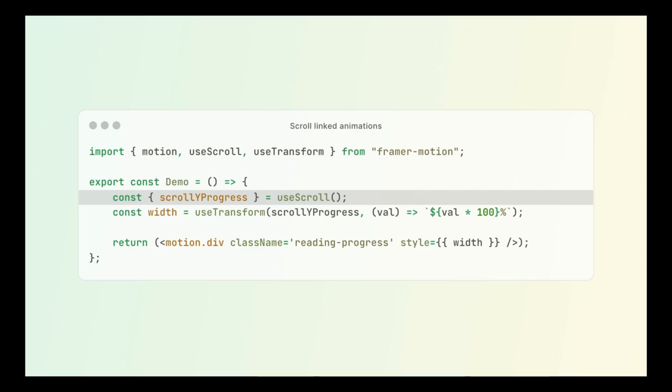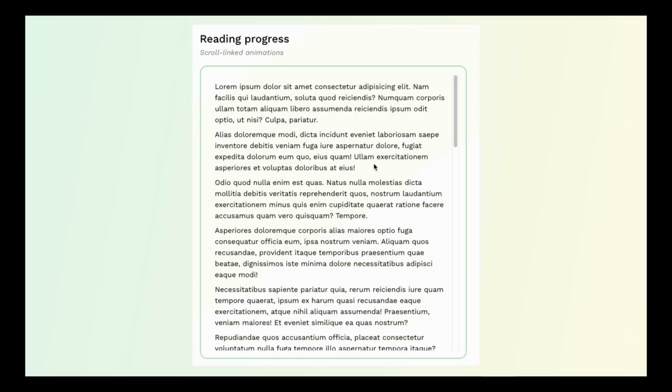And you can also measure the scroll of particular elements, so you're not limited to using the viewport. For example, with these hooks, you can transform your scroll progress into a width, which then will be used in a reading progress indicator, something like this.